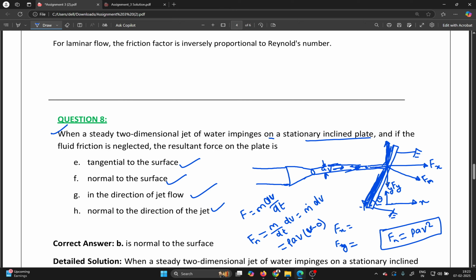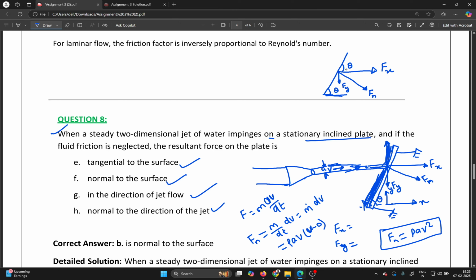Now this is very simple. If this is the inclined plane and the normal force Fn is acting, and if this is theta, similarly this value will be theta, with Fx in this direction and Fy in this direction.